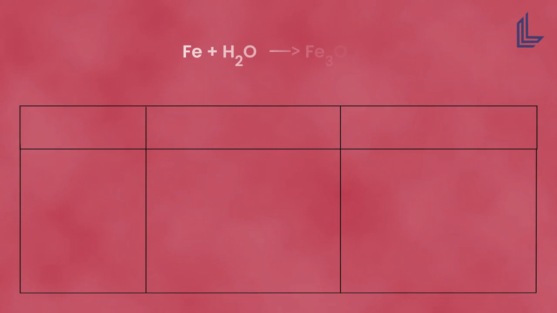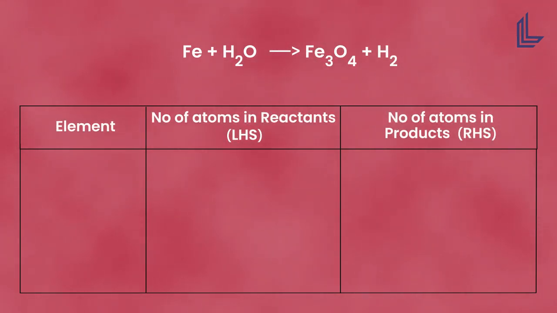So let's go ahead and do that. For iron, we have 1 atom on the left-hand side. However, we have 3 atoms on the right-hand side. For oxygen, we have 1 atom on the left-hand side. However, we have 4 atoms on the right-hand side. For hydrogen, we have 2 atoms on both sides. So that's fairly balanced.